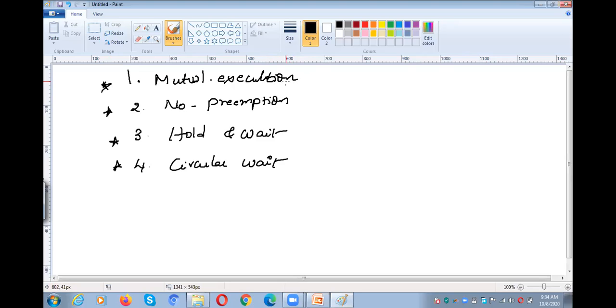Mutual exclusion. What is mutual exclusion? Mutual exclusion means only one process at a time can use the resource. Only one process at a time uses the resource. That means whenever the resource is allocated to some process, no other process is allowed to access that particular resource.